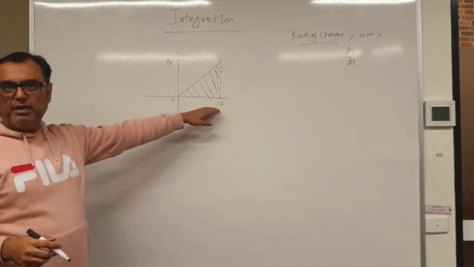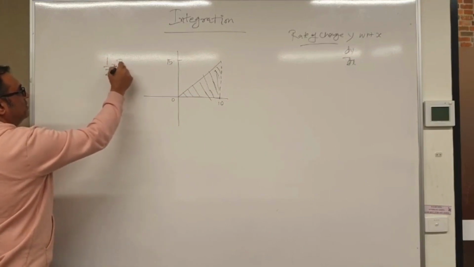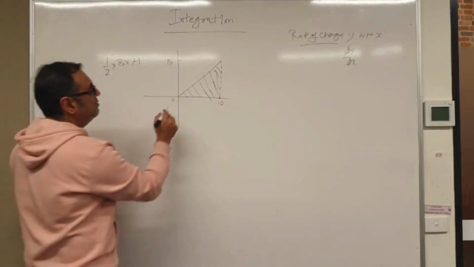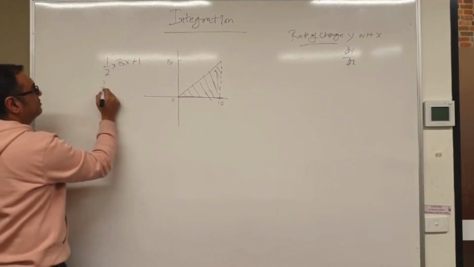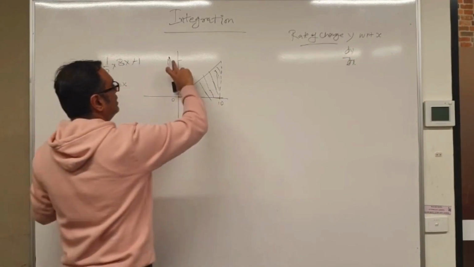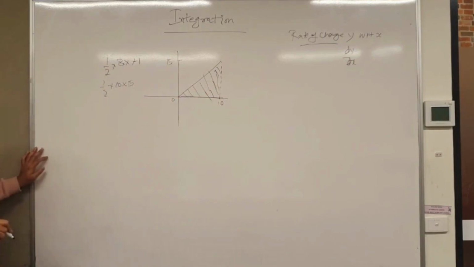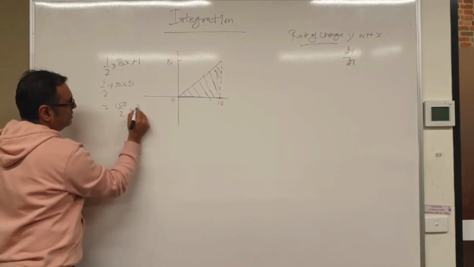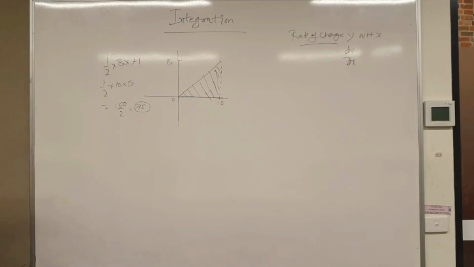This is a right angle triangle, and you can say half base times the height. What's the base? Base is 10, so half times 10 times the height, which is 15. Correct? So which is 150 over 2, which is 75 square units.